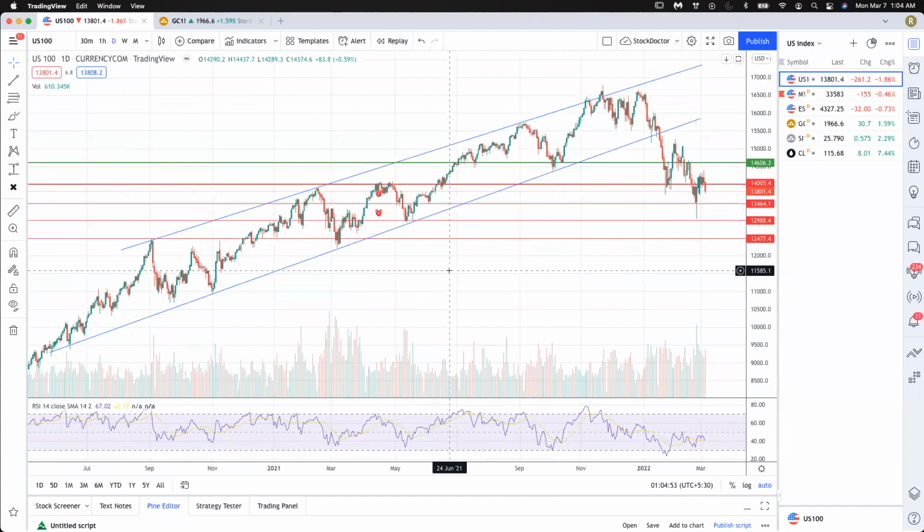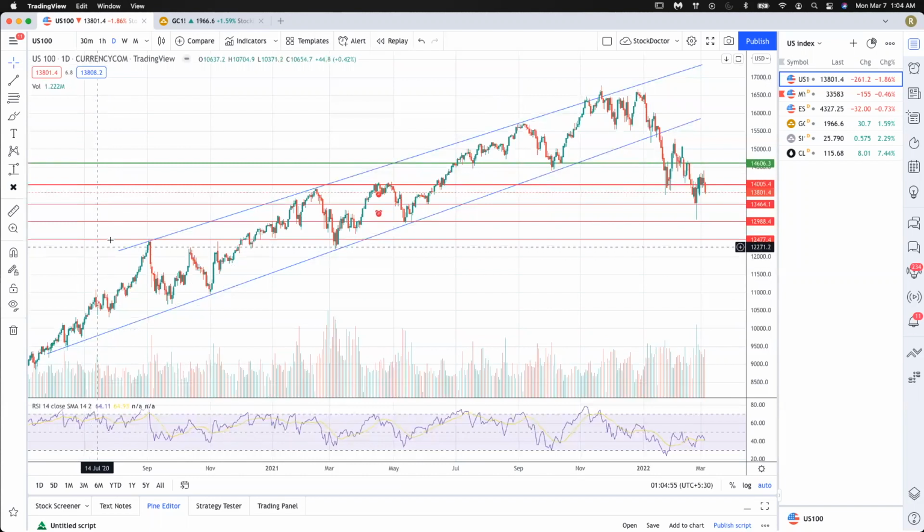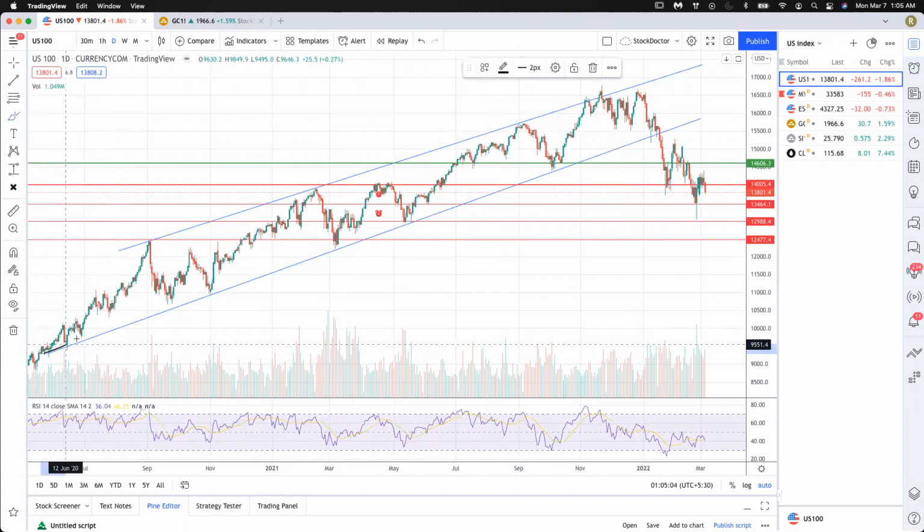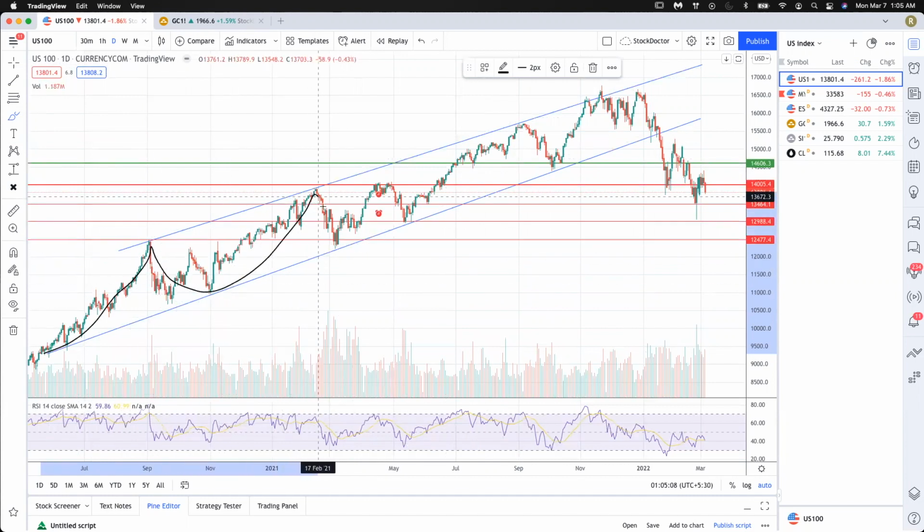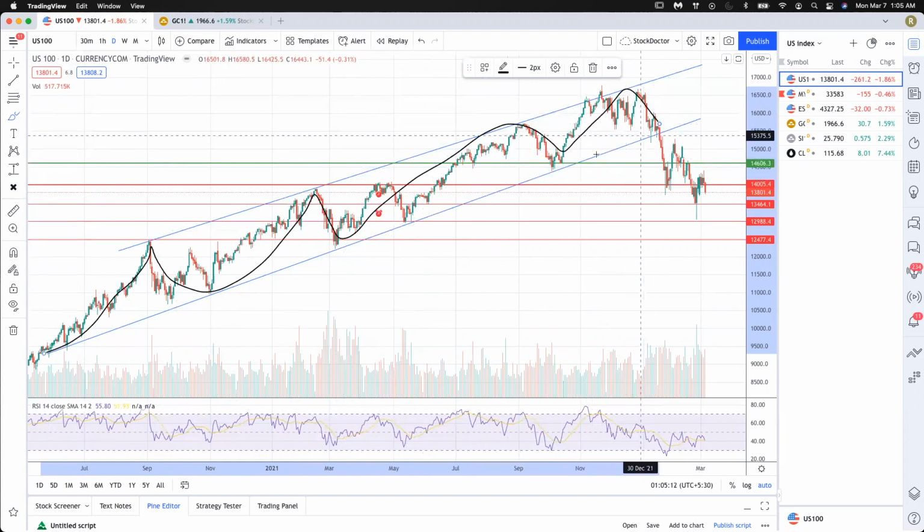So this is an important parameter which you need to understand here. This was the trend of US 100, right? It was trading in this range very nicely, from May 2020 till Jan 2022.